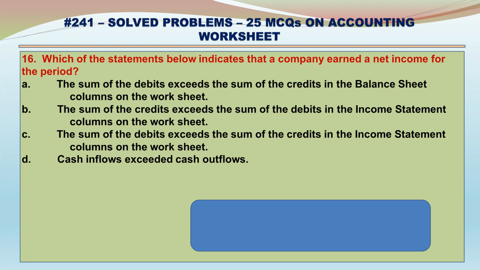Option D. Cash inflows exceeded cash outflows. Answer B. The sum of the credits exceeds the sum of debits in the income statement columns on the worksheet.